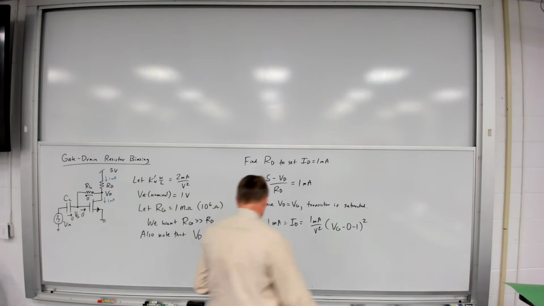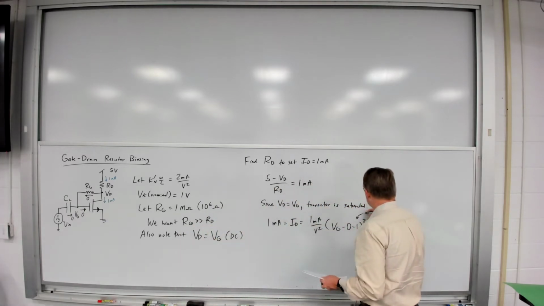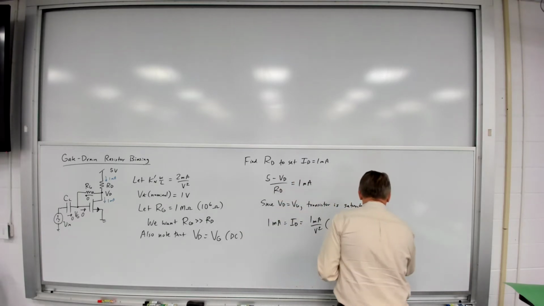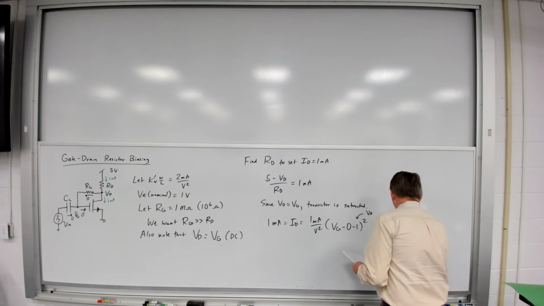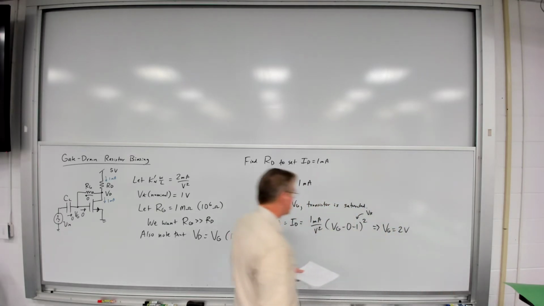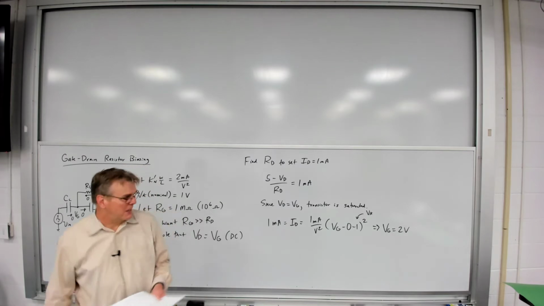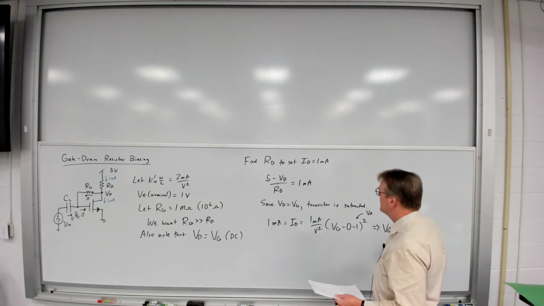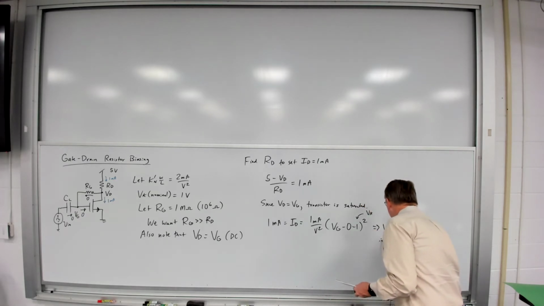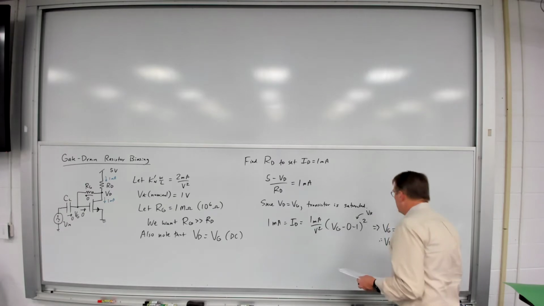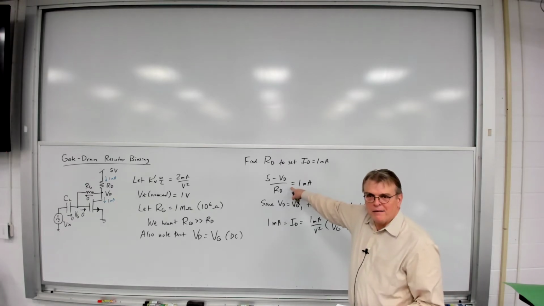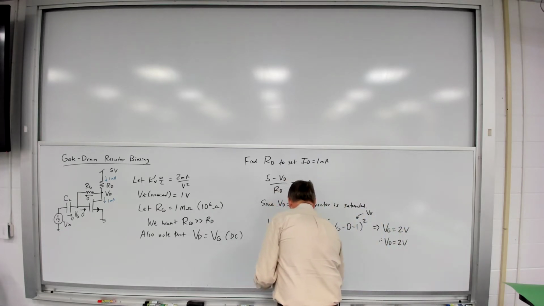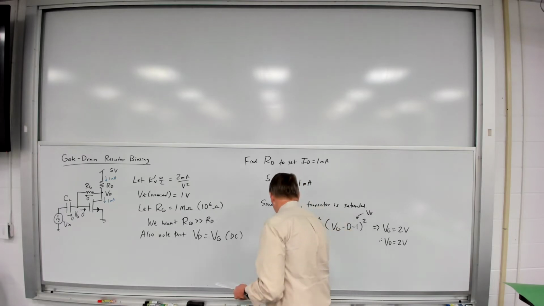And of course, this is my threshold voltage, Vt, squared. And in this case, VG has to be equal to 2 volts. It's the only answer I get out of this. And therefore, given that VG is 2 volts, and therefore VD is equal to 2 volts, I can plug it up here into this equation, and therefore what I get is that RD is equal to 3 kiloohms.